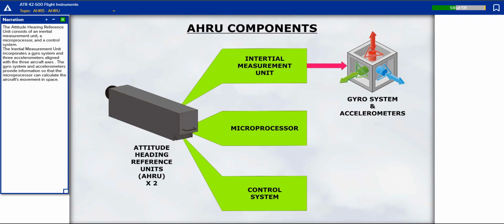The inertial measurement unit incorporates a gyro system and three accelerometers aligned with three aircraft axes. The gyro system and accelerometers provide information so that the microprocessor can calculate the aircraft's movement in space.